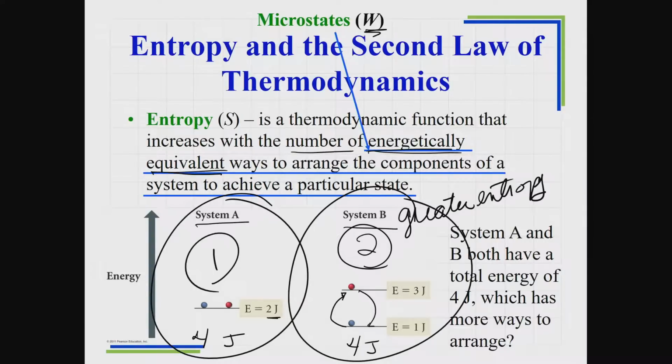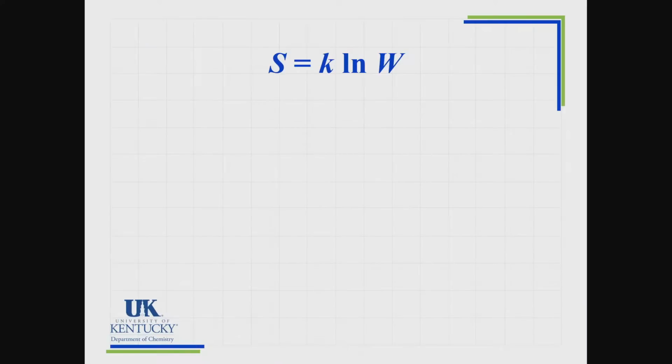Now, how do microstates and entropy compare? It's with this equation. Now, you will never have to mathematically use this equation in this course, but you need to see that as the number of energetically equivalent energy states increases, the greater the entropy.